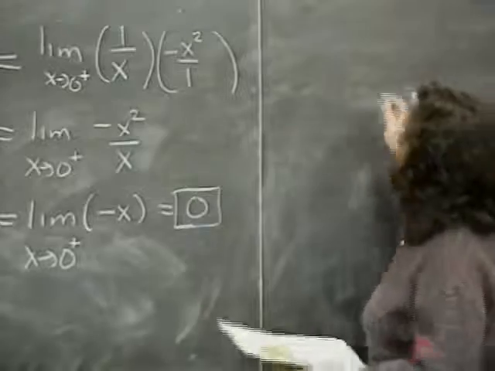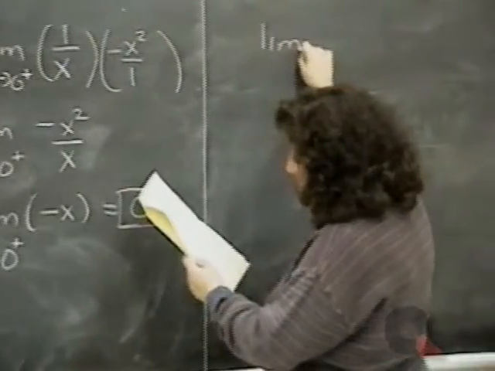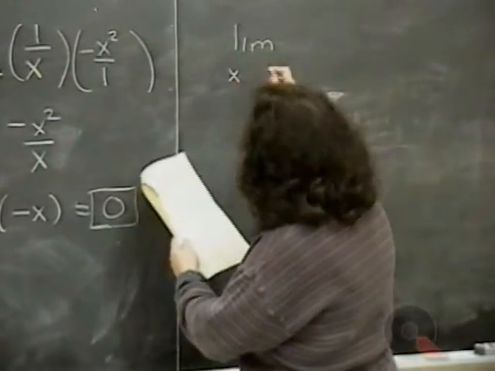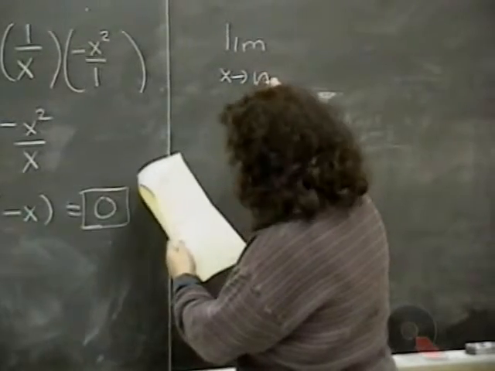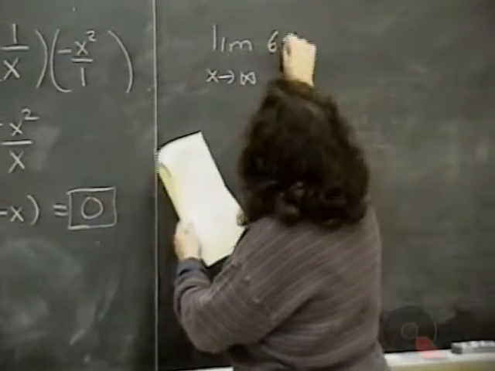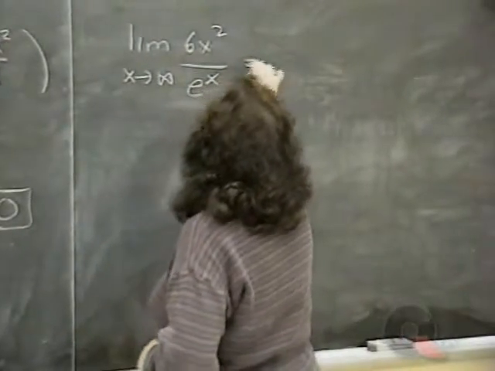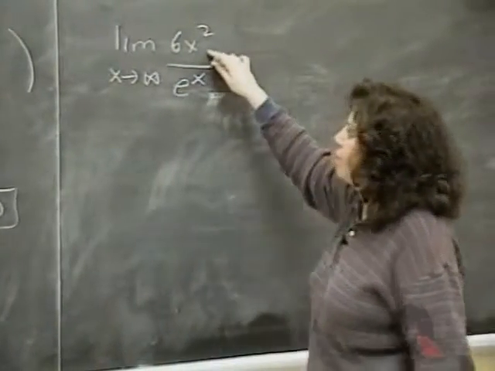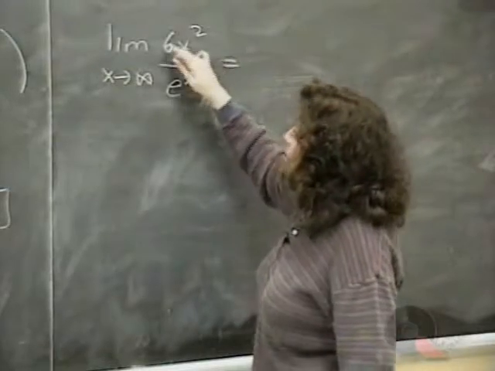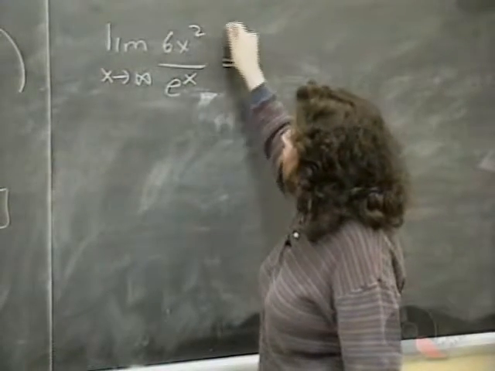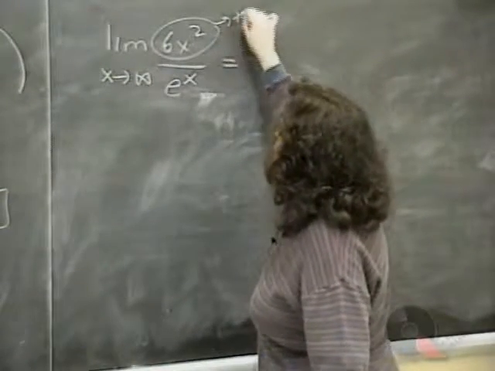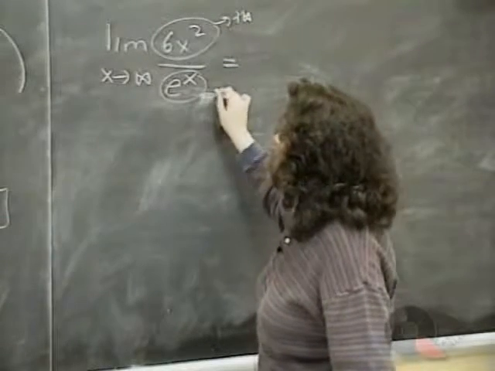Let's try another example of an infinity over infinity indeterminate form: the limit as x approaches infinity of 6x squared over e to the x. Now, as x approaches infinity, 6 times a very big number squared is approaching plus infinity, as is the bottom.